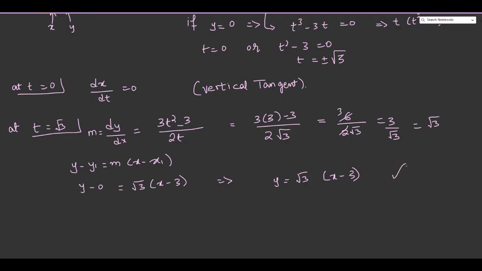So this is our equation of the tangent line, and similarly, on the same steps you can find the equation of the tangent line at the point t equals minus square root of 3. Repeat the same thing.